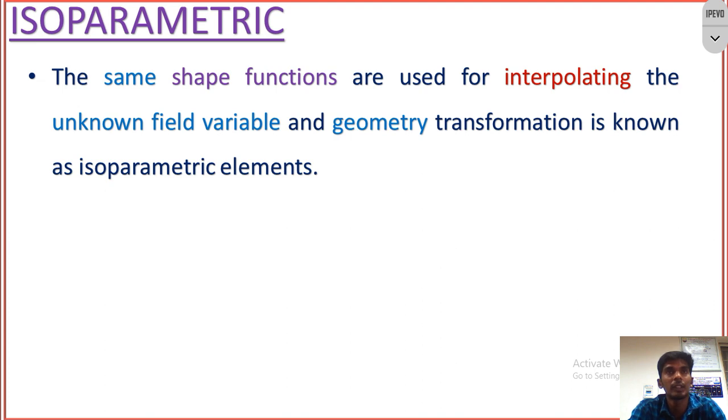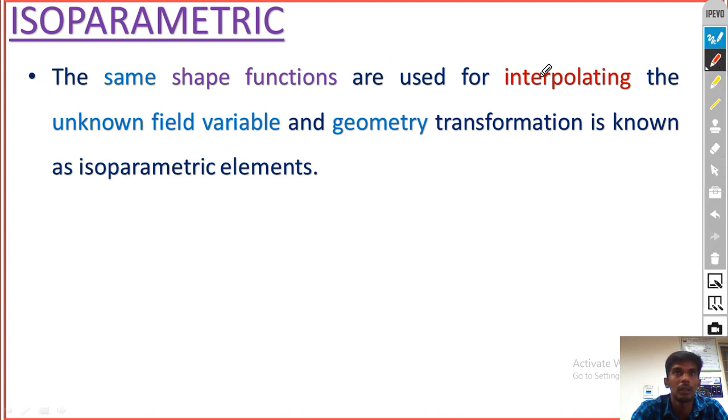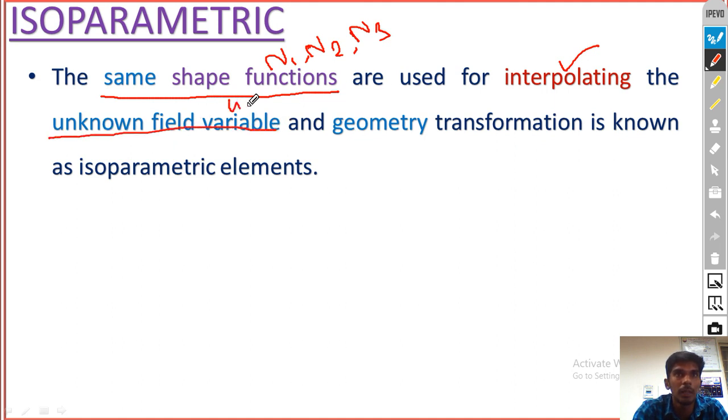The shape functions are the same. Let's go deeper. The same shape functions are used for interpolating. That means the shape functions N1, N2, N3 for a three-noded triangular element are used for interpolating the unknown field variables like displacement, velocity, temperature.